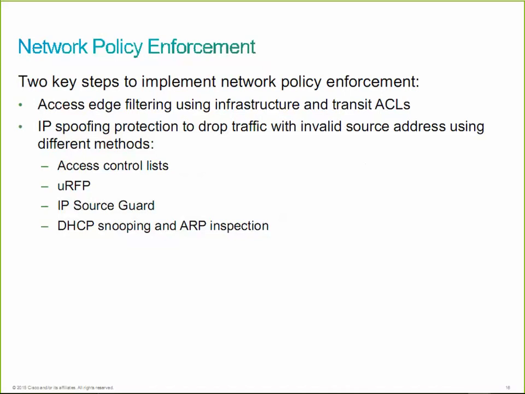Protect access to the devices themselves using these infrastructure ACLs. We already talked about what an infrastructure ACL is. We can control what traffic is allowed to the device and what traffic is not. But we should also filter traffic to the internal networks at the edge of the network. And that's just basic common knowledge, right? And we call those transit ACLs. Basically, it's just another form of an access list.